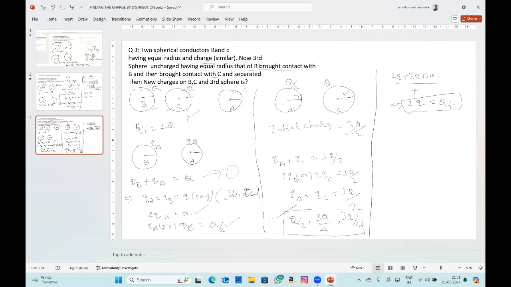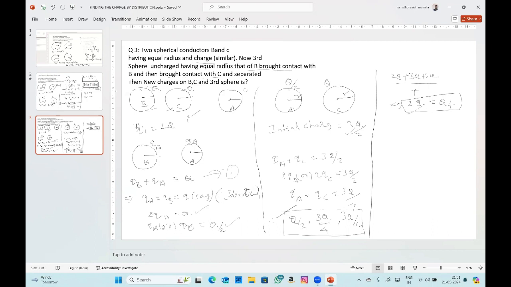Whatever the model, the first 1 and 2 applications are very useful for any type of application. And here I am explaining only finding the charge distribution, finding the charge on bodies after conduction.